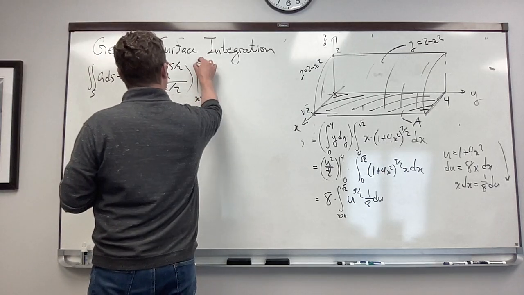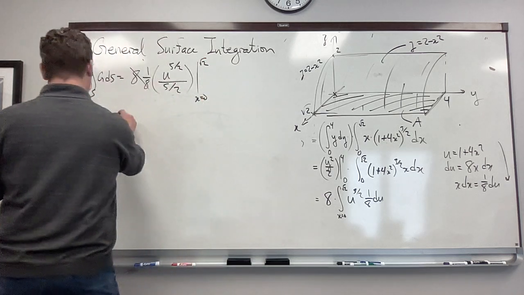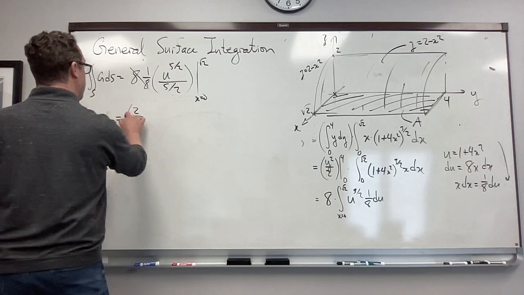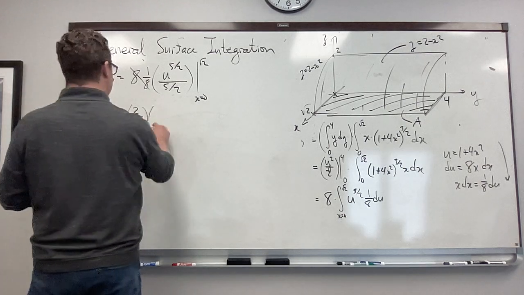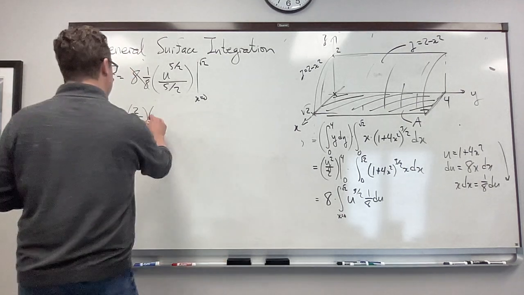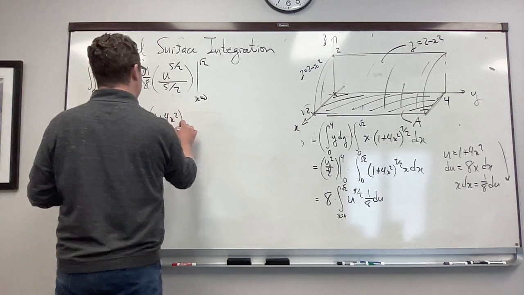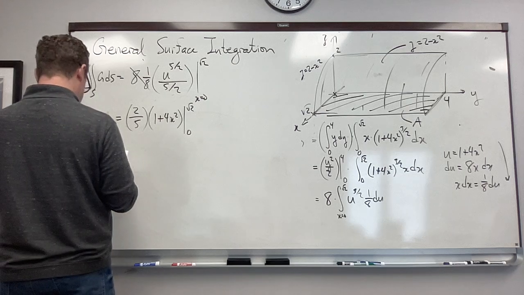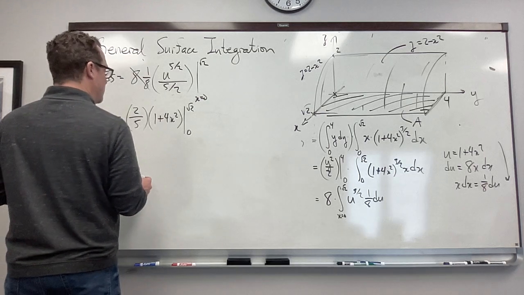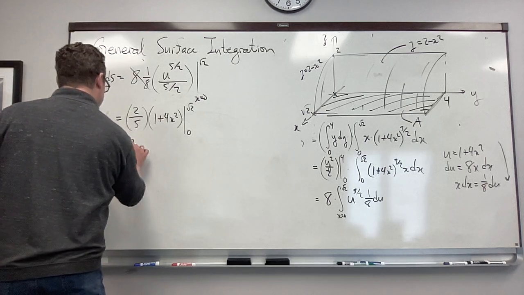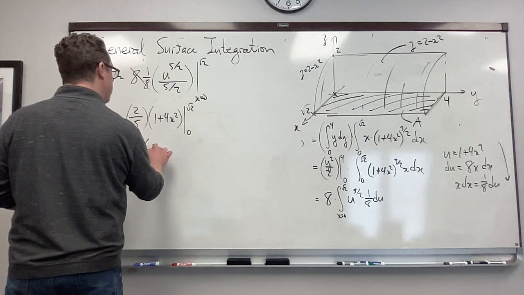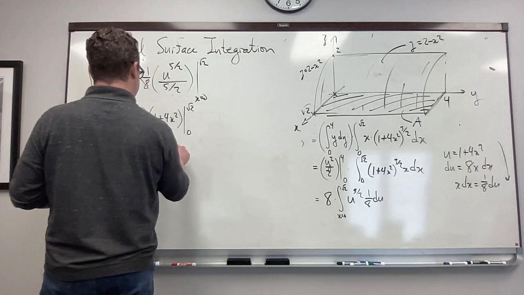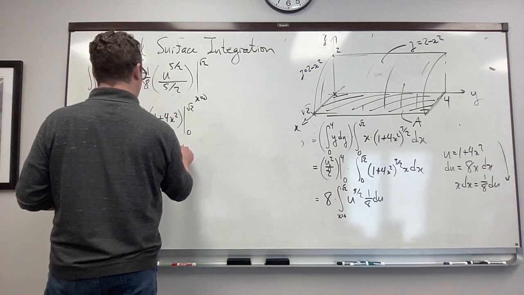x equals 0 to root 2. This becomes 2 over 5. And then we can put our u back in, 1 plus 4x squared. And now do the real calculation here. So, okay, 2 over 5, and I've got 1 plus 4 times 2, so 8, minus 1.